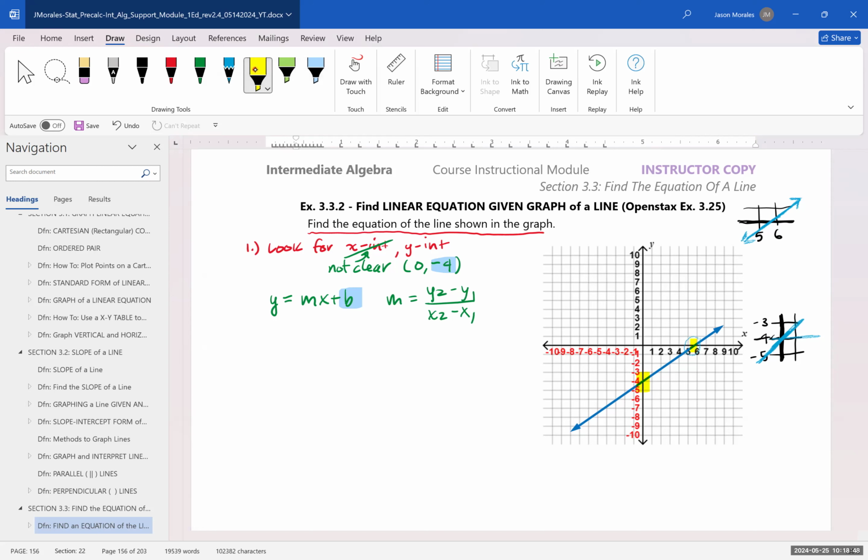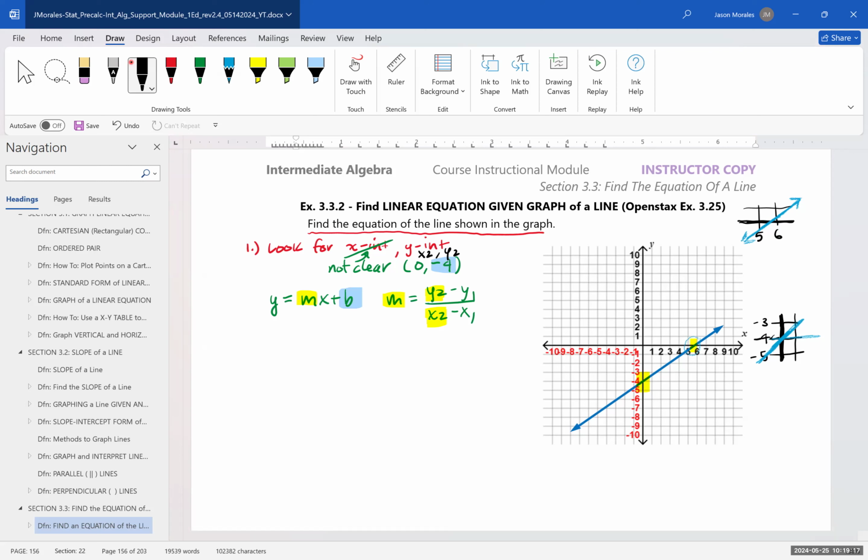So right now with the y-intercept, we have our x2, y2. We have those. So we have to find another point on this graph where the graph is going through a clear intersection on our grid.